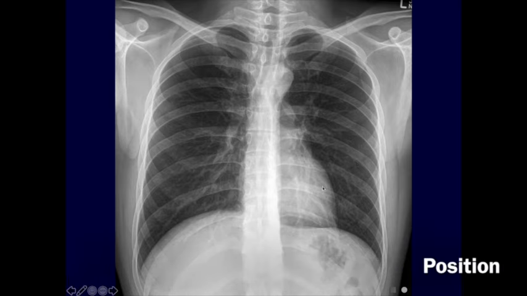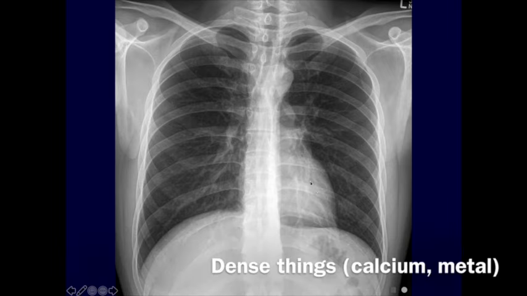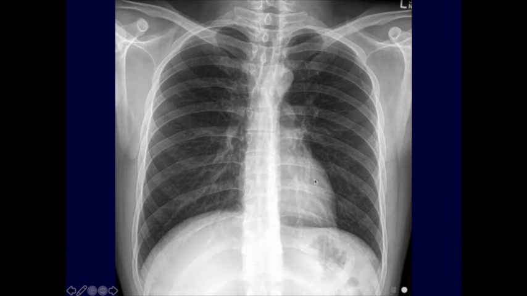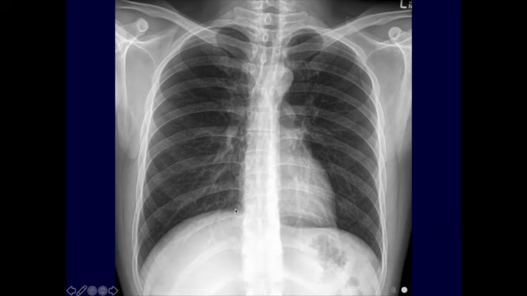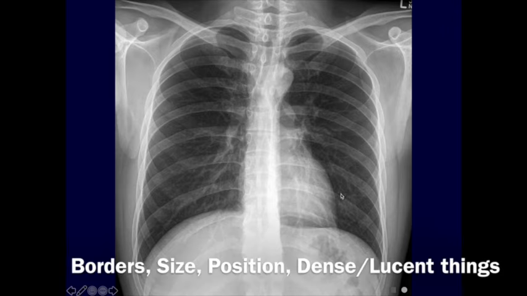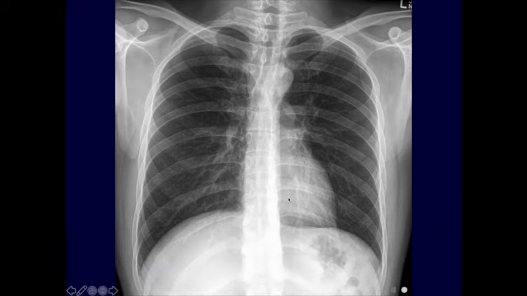I then look at the position of the heart. This is a normal position, seeing if it's shifted one way or the other. I then look for anything that's very bright, namely calcifications or metal in the valves or in the pericardium, and then look for anything that's very dark, namely gas. So looking for gas around the heart in the setting of pneumopericardium. So to review, when I'm looking at the heart, I'm looking at borders, size, position, things that are very bright, and things that are very dark.